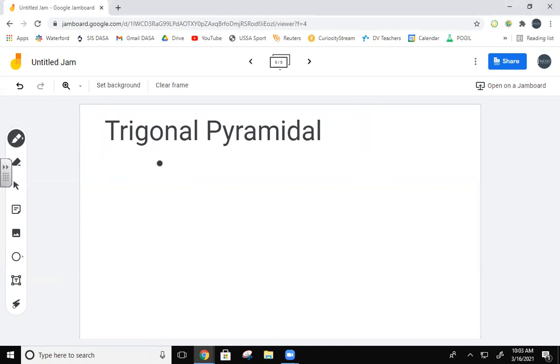An example of this would be NH3, which is called ammonia, or nitrogen trihydride, right? It has a trigonal base. So it's going to look very similar to the tetrahedral, just without something coming off the top.